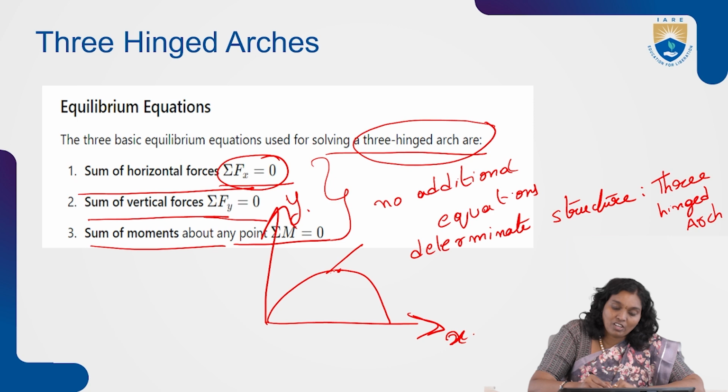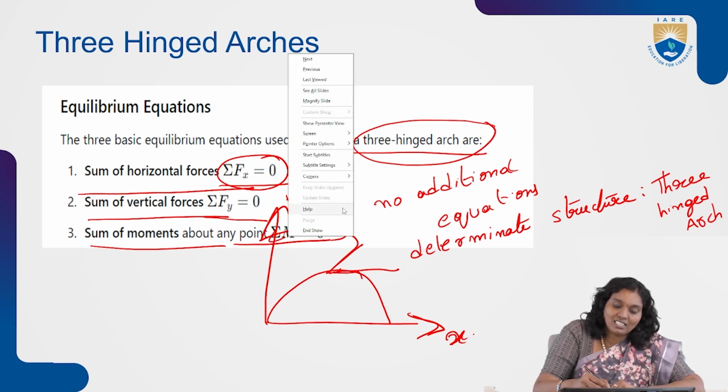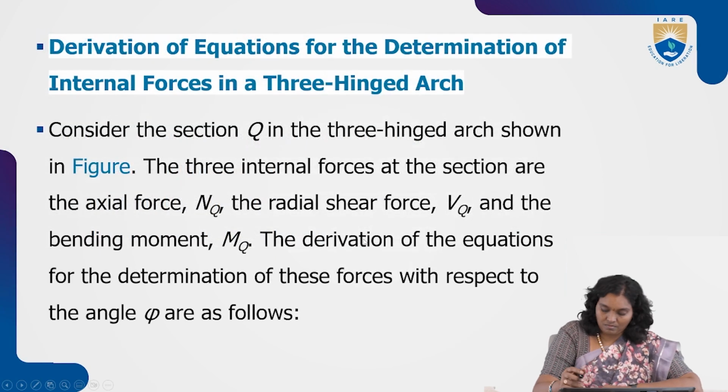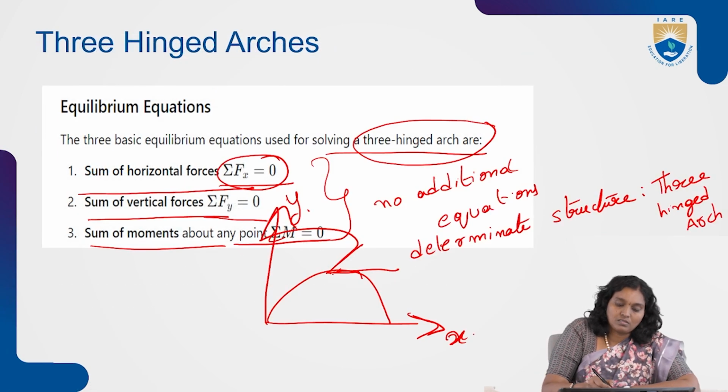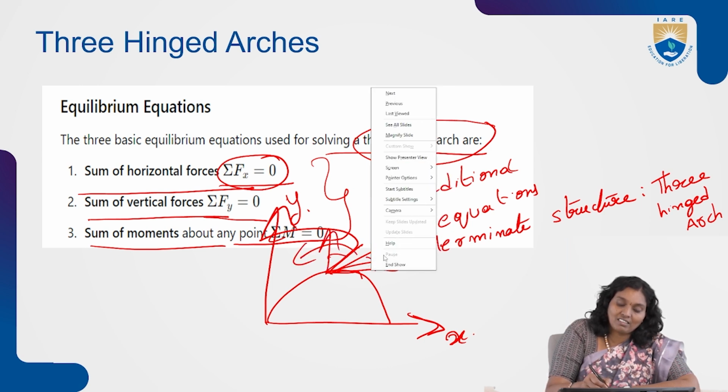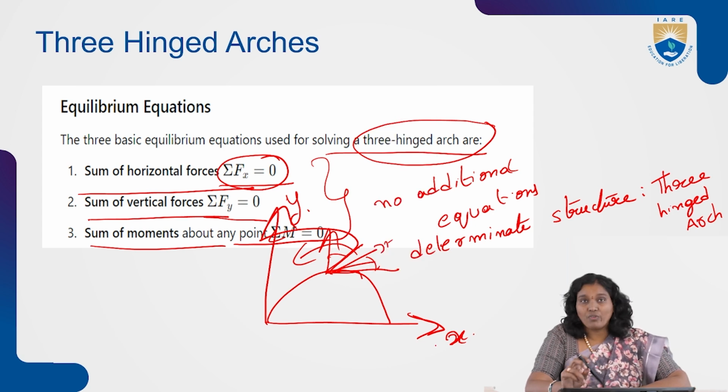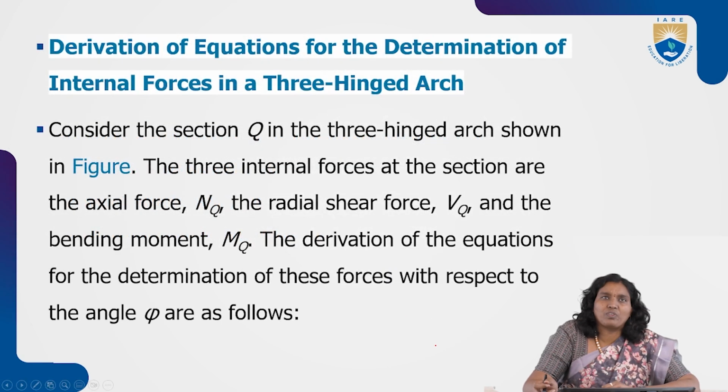Any forces in between we may resolve towards the y-axis or the x-axis. Many forces are like that, and we are going to resolve them to the x-axis as well as the y-axis. So we are using these equilibrium equations.